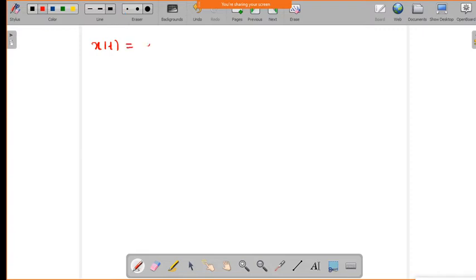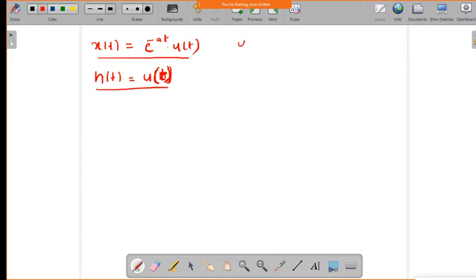So x of t equal to e power minus a t into u of t. This is your input signal, and your h of t, the impulse response, is given by u of t. So this is the impulse response and this is the input signal.